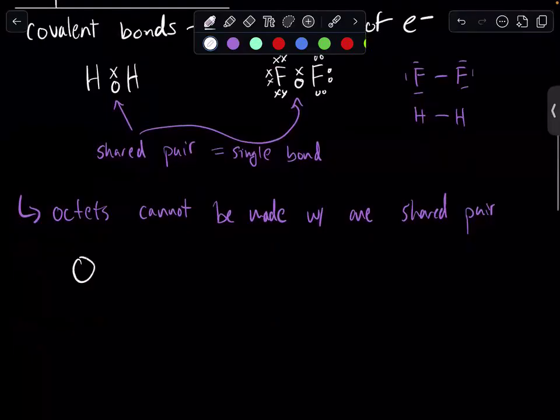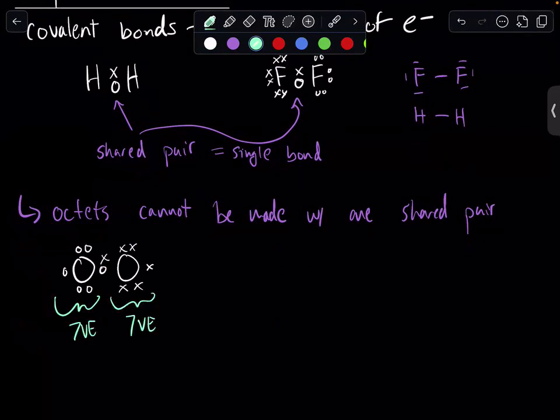If we look at oxygen, which has 6 valence electrons, 1, 2, 3, 4, 5, and 6. We put it next to another oxygen, 1, 2, 3, 4, 5, 6. Unfortunately, this only has 7 valence electrons, and this now only has 7 valence electrons. So it's not complete. So we realize that we can do something else.